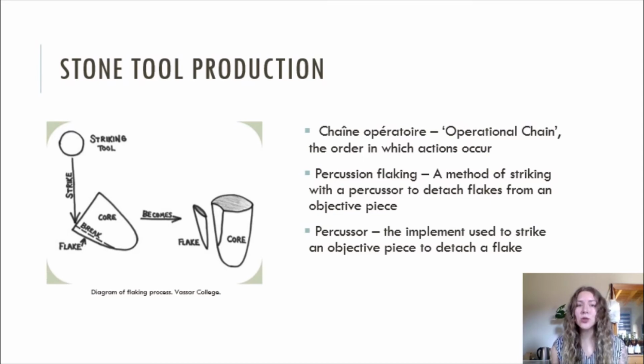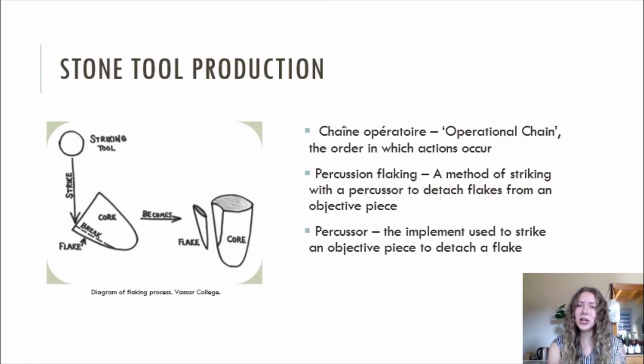And in stone tool production, another important concept is percussion flaking, which is, as we've mentioned previously, the act of using a percussor, say a hammerstone, to strike a core to produce a detached piece. So percussion flaking is using that percussor as the agent to remove other aspects of the stone.